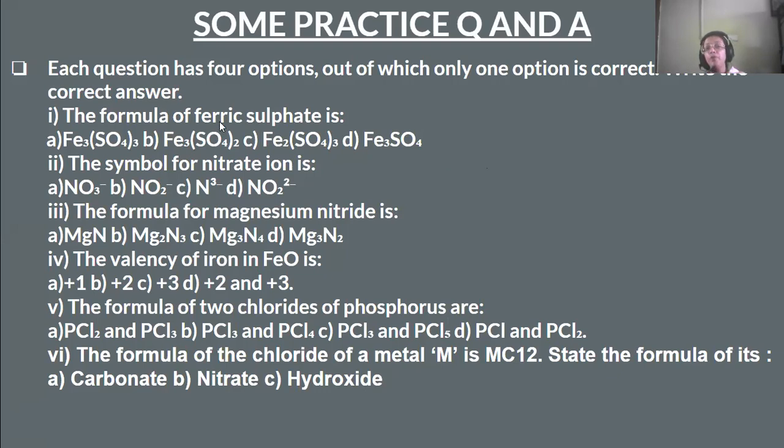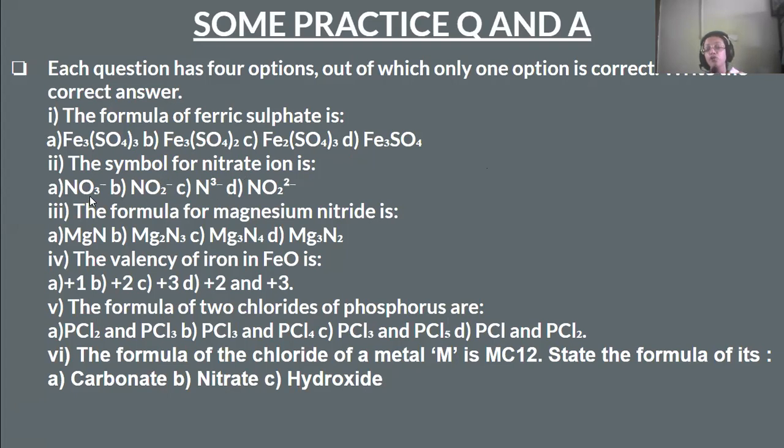The formula of ferric sulfate is what? The options are Fe3(SO4)3, Fe3(SO4)2, Fe2(SO4)3, and Fe3SO4. Then the symbol of the nitrate ion is what?